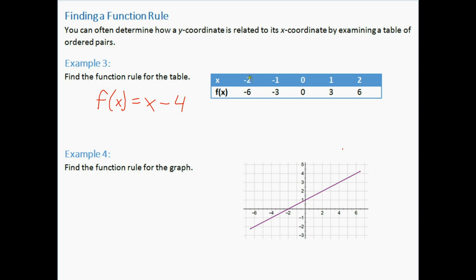Because if you put in -2, to get -6, we could subtract 4. So that would work for our first point. Let's try our second point and see if this works. We would try f of -1, and we're hoping that we'll get -3. So putting in -1 for x and subtracting 4, we get -5, which is not what we want. So that is not correct, so we can get rid of this guess right here.